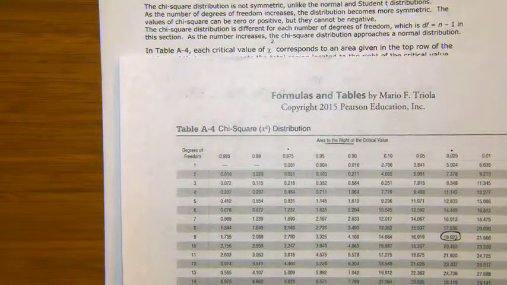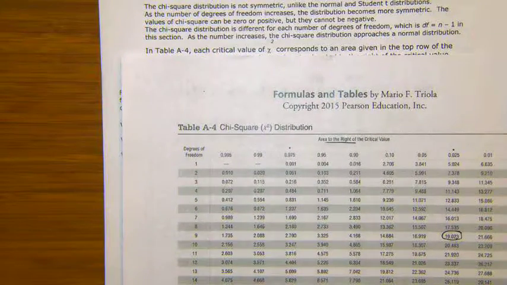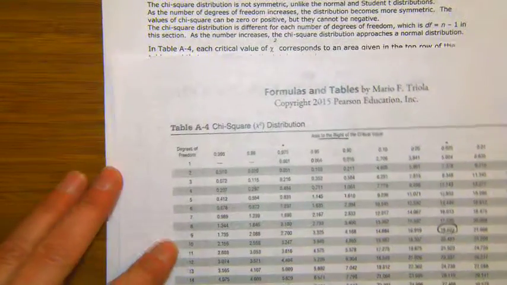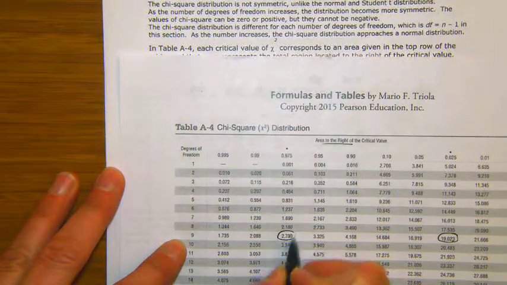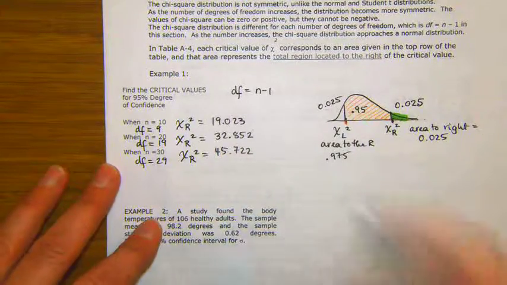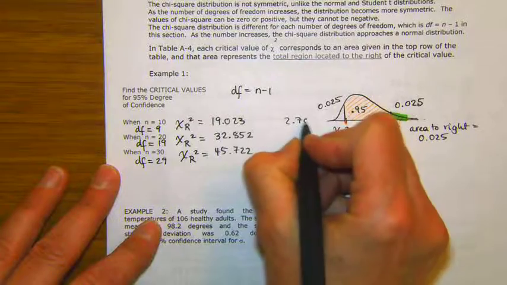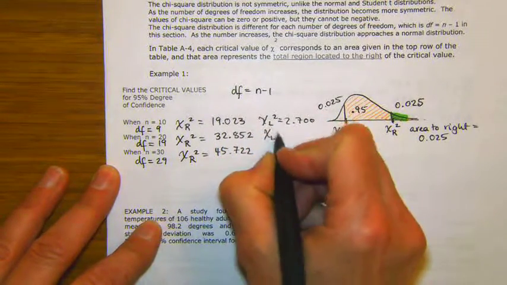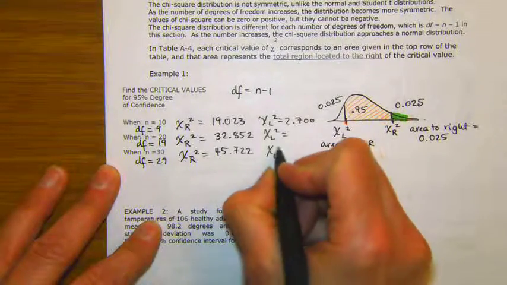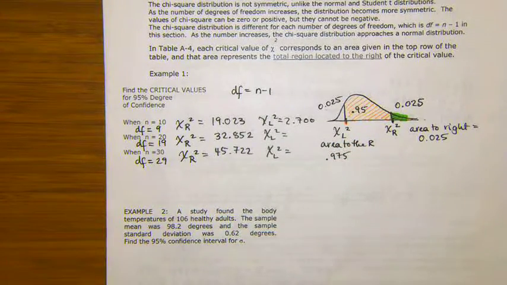It's the third column. So go down to 9 degrees of freedom and write down your left chi-square value, which is how much? 2.7. So that's the left one. So find all three of those.